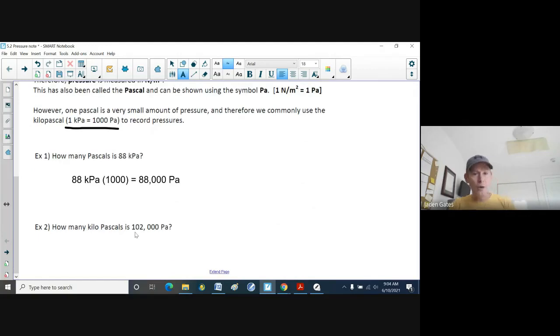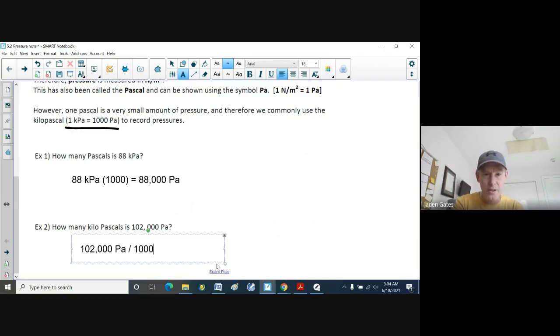And going the other way, how many kilopascals is 102,000? Well, I can divide this time because we're going the other way. So I take my 102,000 pascals, and again I'm going to divide by 1,000, and this time we would have 102 kilopascals.